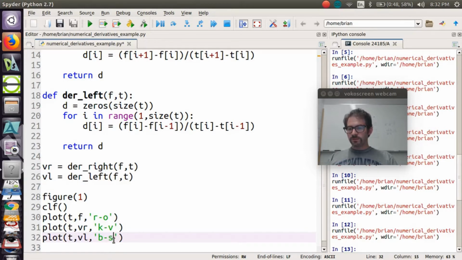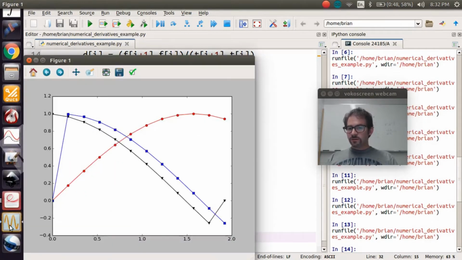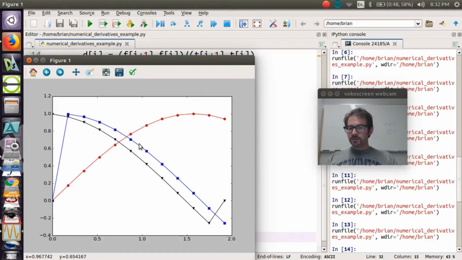We can use squares just to make it extra clear in case this is plotted without color. So we can see here I have two estimates of the derivative. They have the same general shape, but this black estimate fails on the right. That's dir right. And my blue estimate fails very clearly, look at this big jump, on the left end.